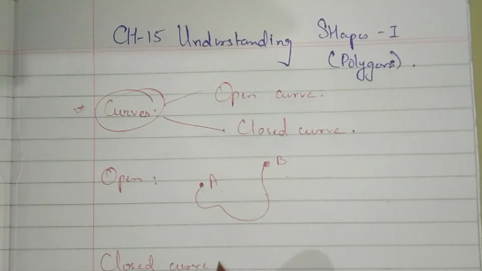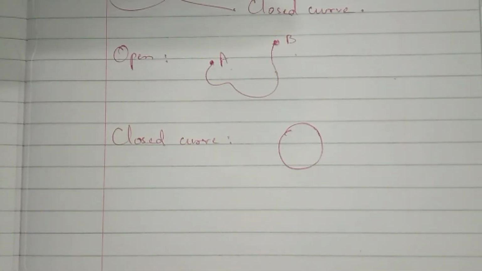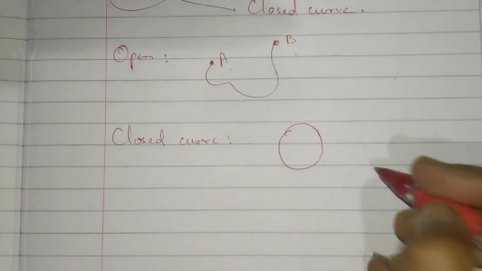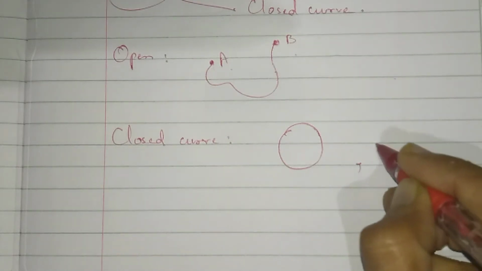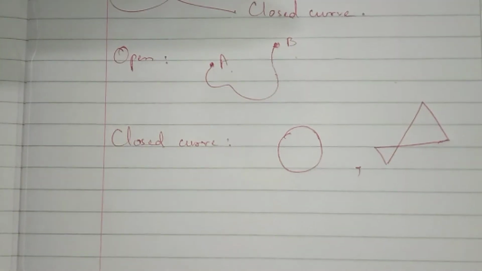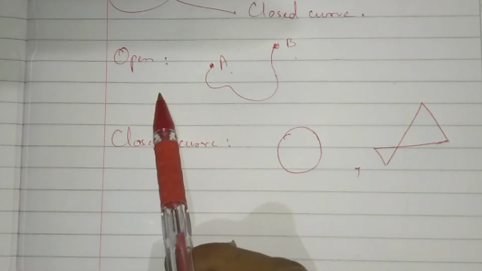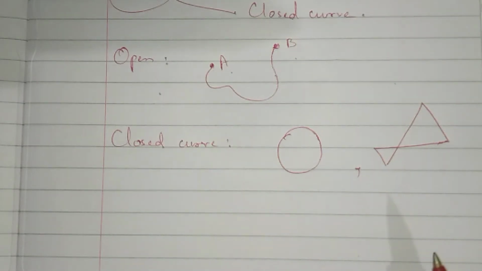If your curve opens and closes at the same end point, like a circle, it is a closed curve. Another example, this figure is also a closed curve. If your figure is closed, then it is a closed curve. If your figure is open, then it is called an open curve.